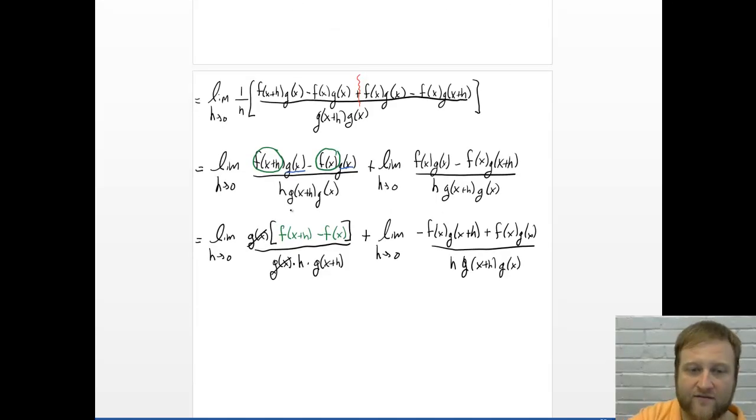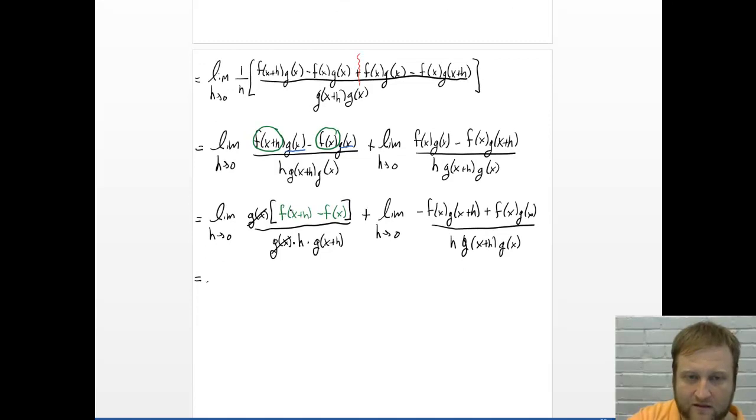We will have the limit as h approaches 0, and I'm going to pull this g of x plus h out to the front. So I'm going to have 1 over g of x plus h. This will all be times f of x plus h minus f of x all over our value of h.